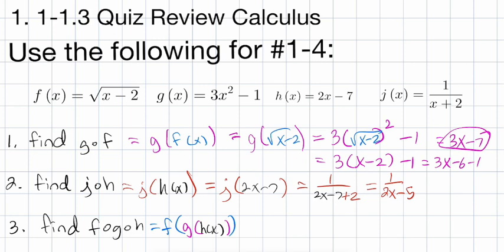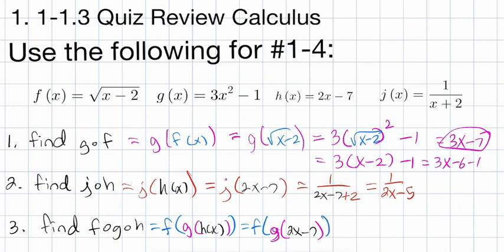Now remember, h of x is 2x minus 7. So I'm just going to write the 2x minus 7 right there, so then I don't have to worry about it anymore.